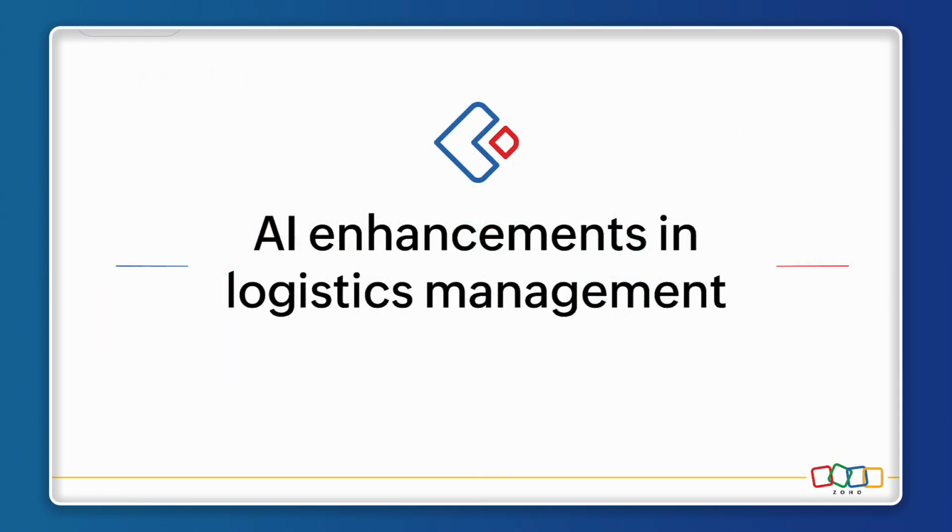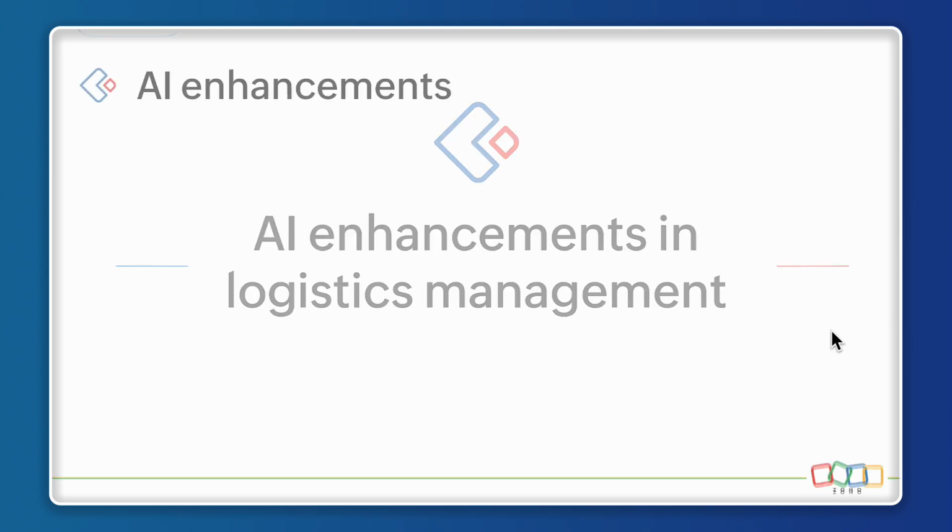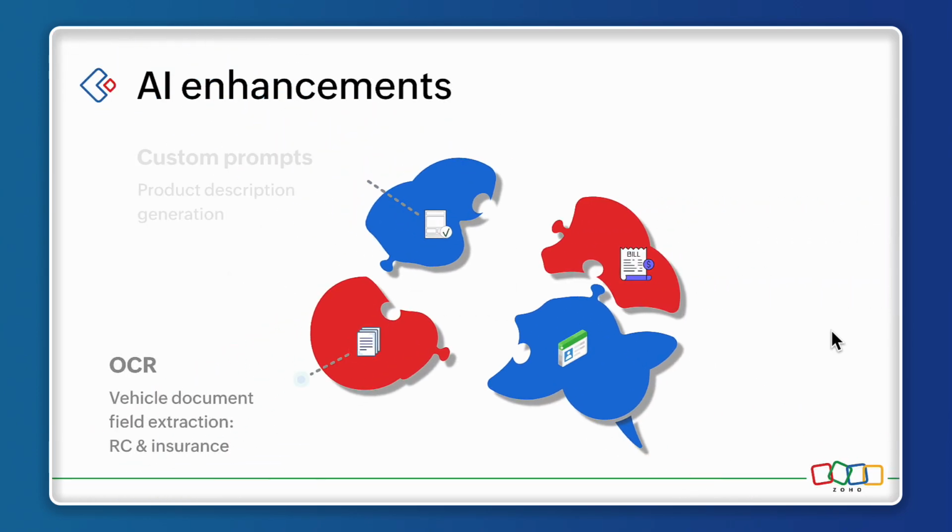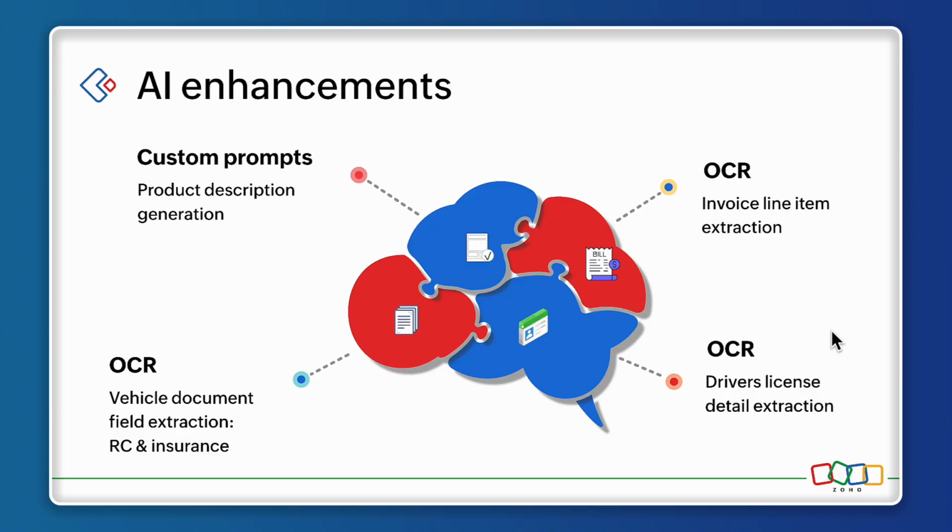Right. So talking about the AI enhancement in the logistic management, we have brought AI capabilities inside the application. One such example is custom prompts. It works based on the product description. So let's say you are just typing the product name, right?